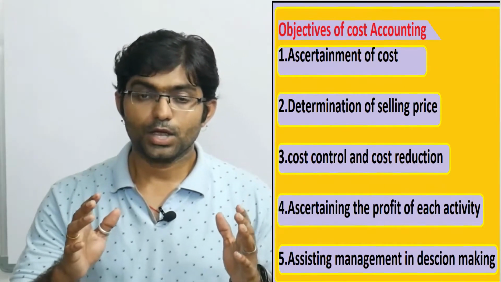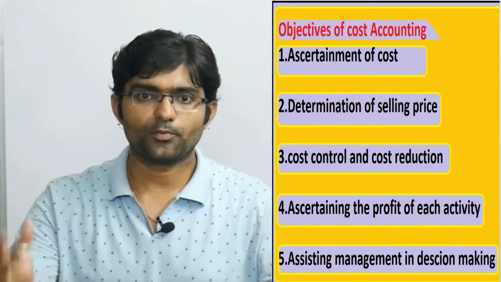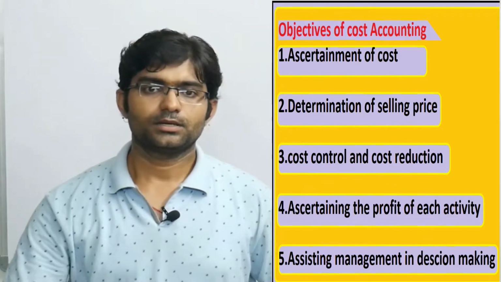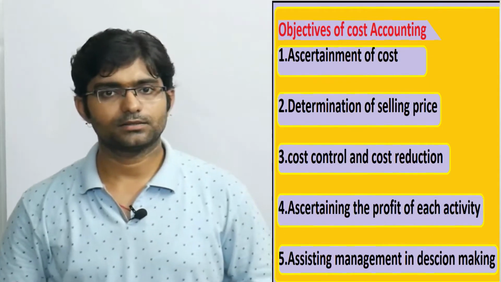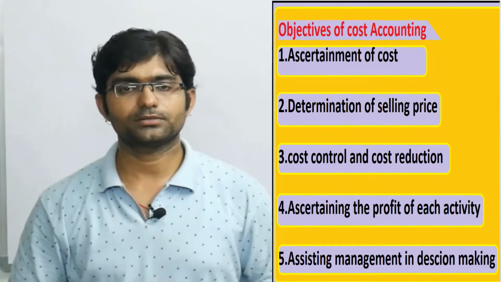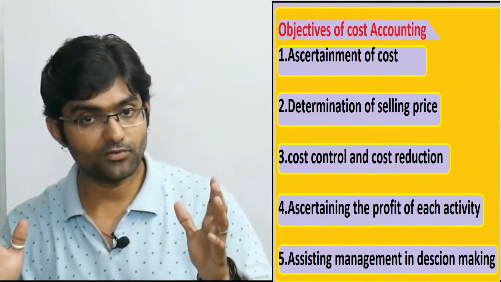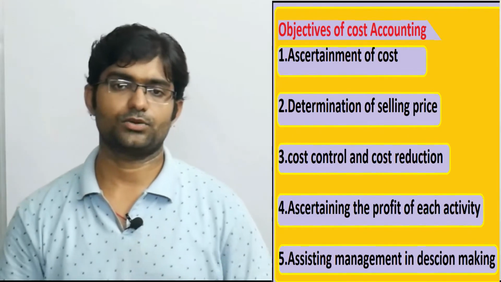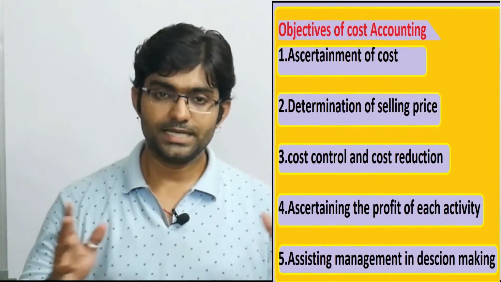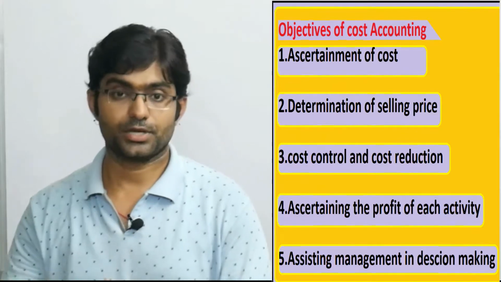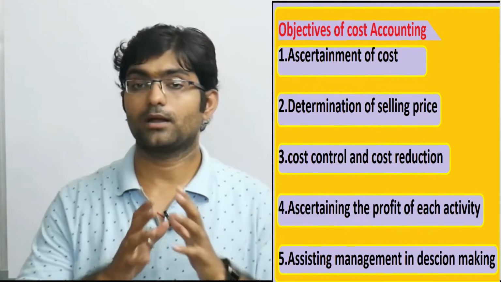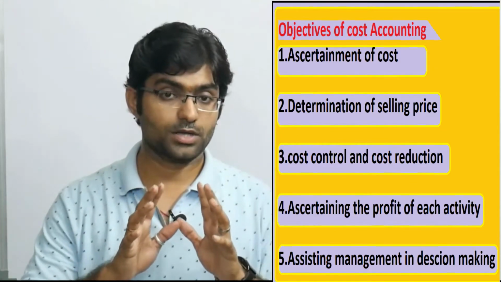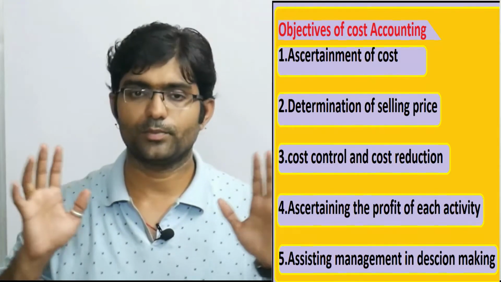And similarly, if you change the methods of production and successfully reduce the wastages of raw material, then this is a permanent solution. The firm enjoys that benefit permanently. So cost reduction is a permanent solution. This is cost control and cost reduction. And once again, cost control and cost reduction doesn't mean reducing cost by compromising in quality of the product.